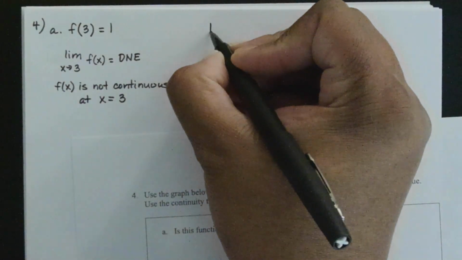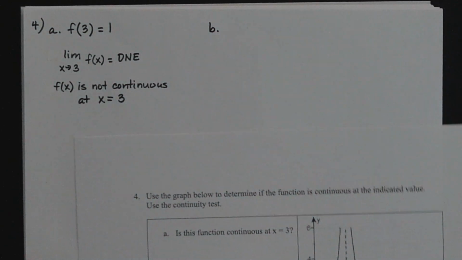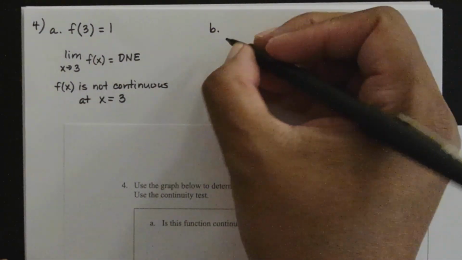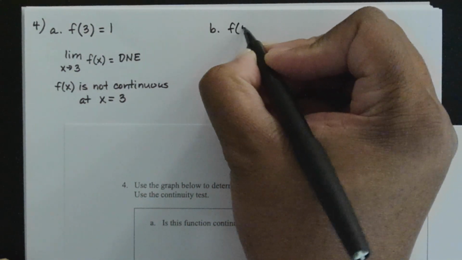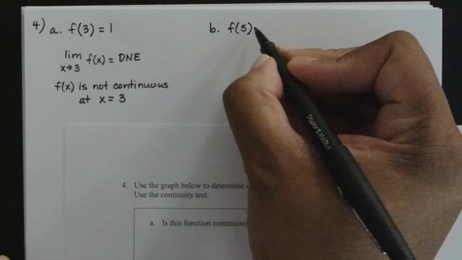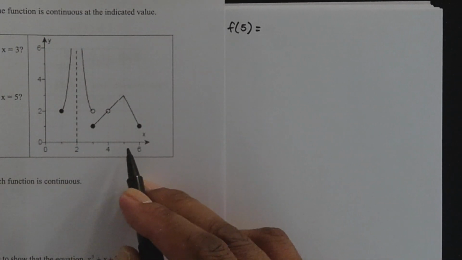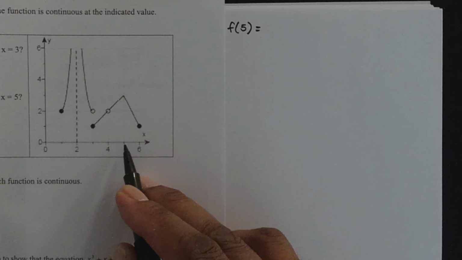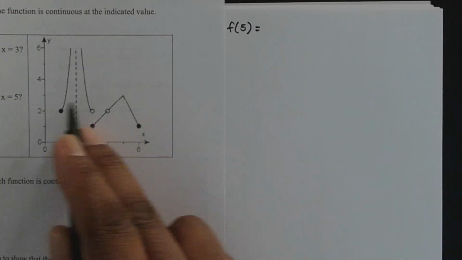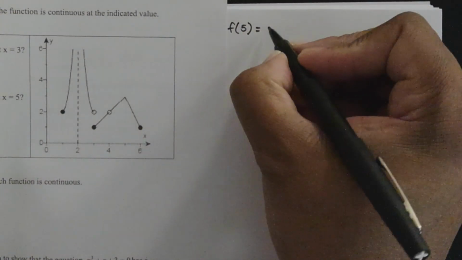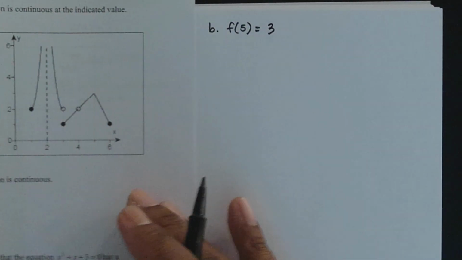All right, now part B, is the function continuous at x equals 5? Well, let's find out what f of 5 is going to be to see if it exists. Using the graph, what's the value of the function when x equals 5? 3. Because there's a point right there, and it's at 3, so f of 5 is 3.